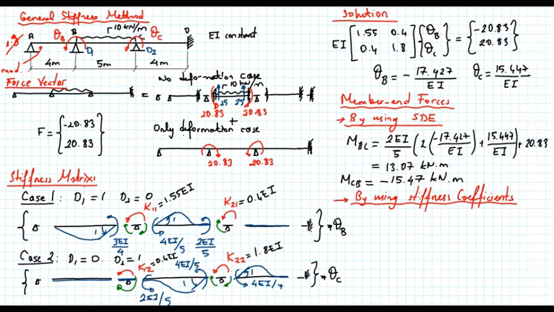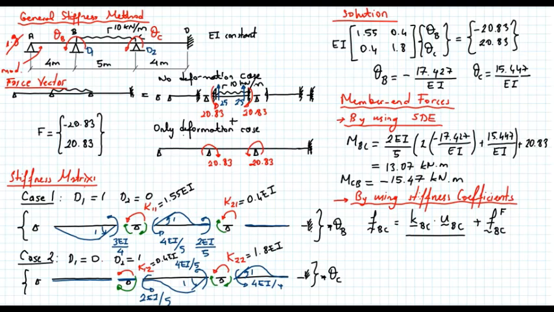So if I write everything as a formulation, member end force BC is equal to the stiffness coefficients KBC multiplied with the member end displacement UBC, which is what I get from the deformation case only, plus the fixed end moment FBC, which is what I get from the non-deformation case.